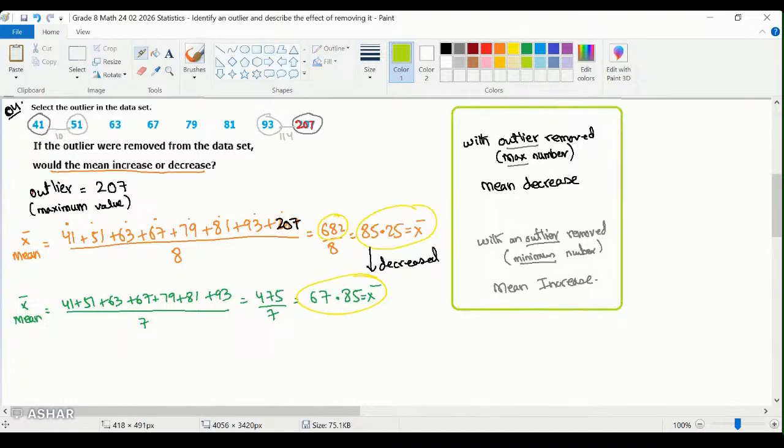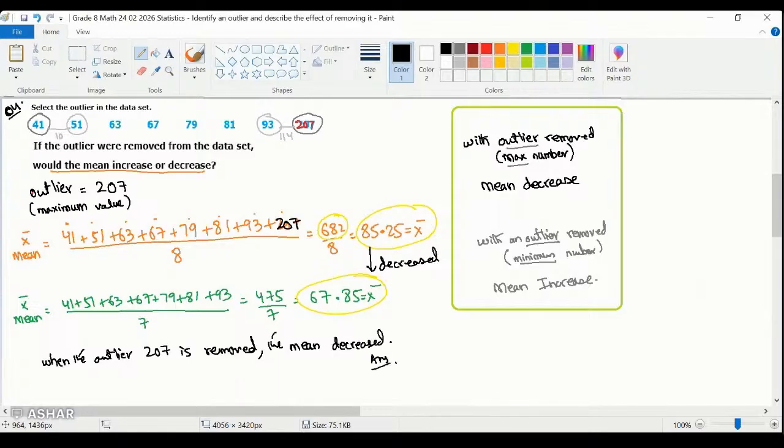So what we can say for this statement is, when the outlier 207 is removed, what happens to the mean? The mean decreased. And this was the answer.